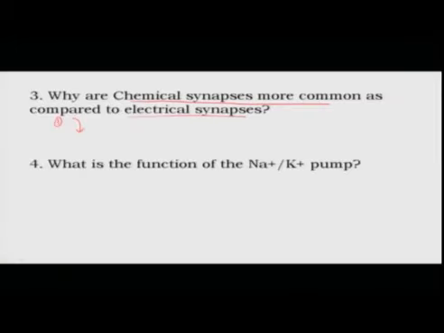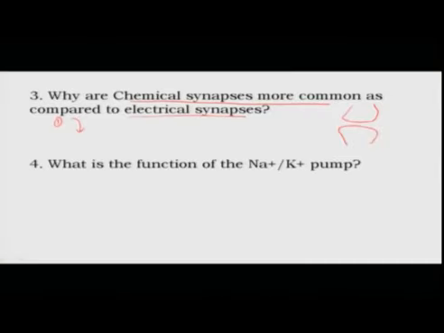So, this is fast, sure, compared to the chemical synapse. However, it cannot be very easily regulated. Once you have activated the presynaptic neuron, the electrical impulse will go through to the postsynaptic neuron and you can't regulate it at all.